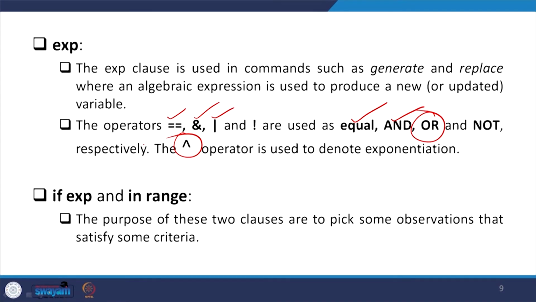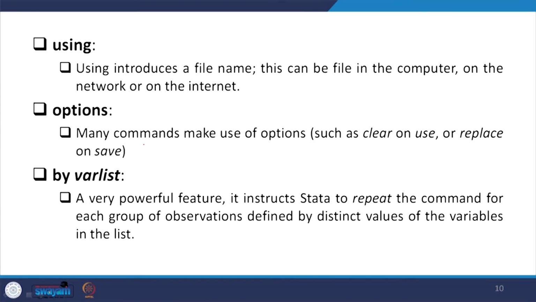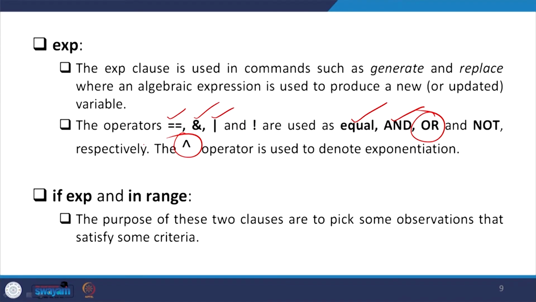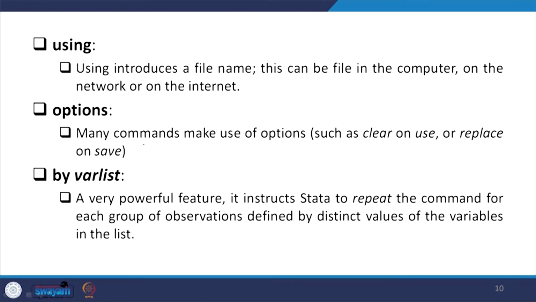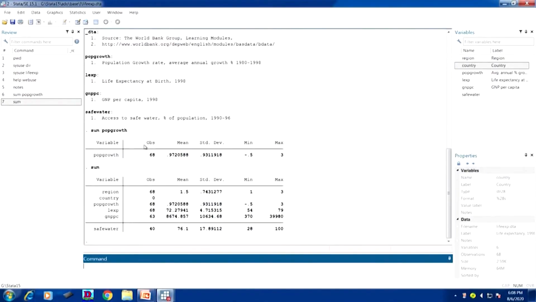I have already explained this, so I am not spending much time, like expression with range. Similarly, using a file, more or less I told you: you click on the window here. If you do not know the path name in your command, you simply click on the window and it will automatically attach the path name to that particular place.